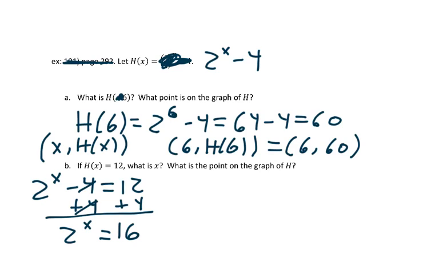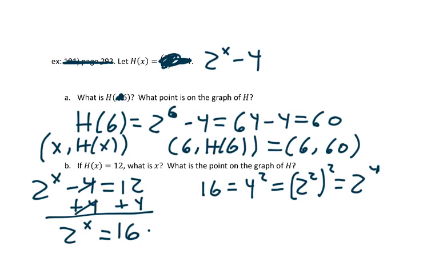But now the question is, is 16 a power of 2? Well, we know that 16 is equal to 4 squared, right? And 4 is 2 squared, so we have 2 squared, squared, which is 2 to the 2 times 2, which is 2 to the 4th.